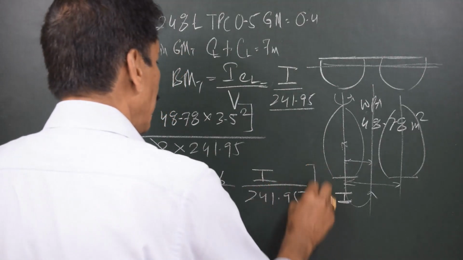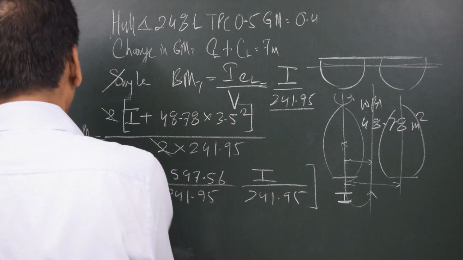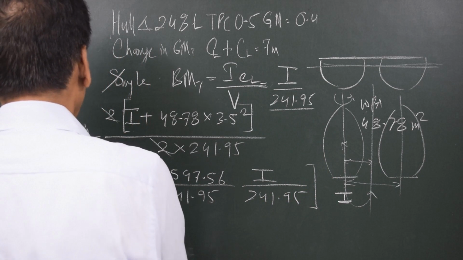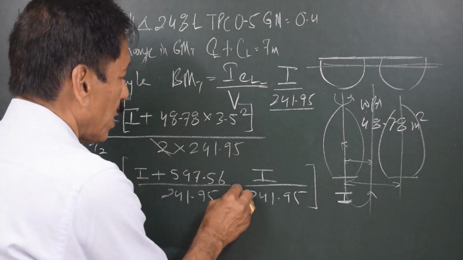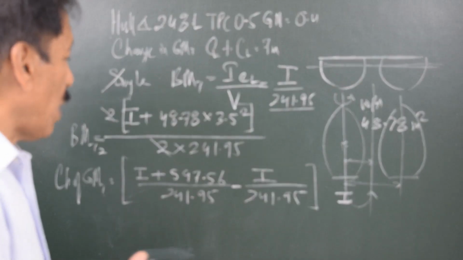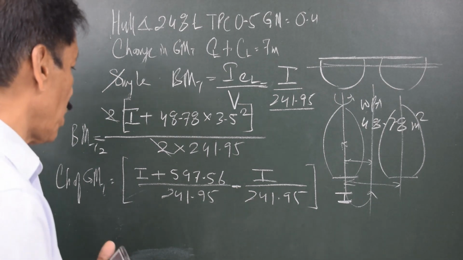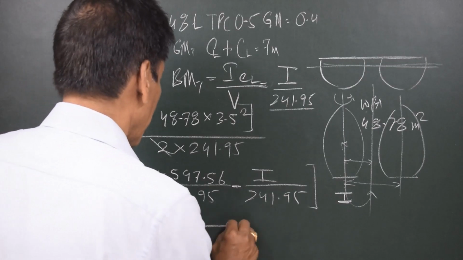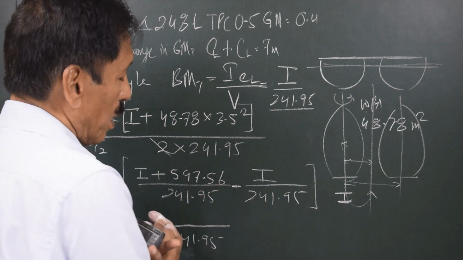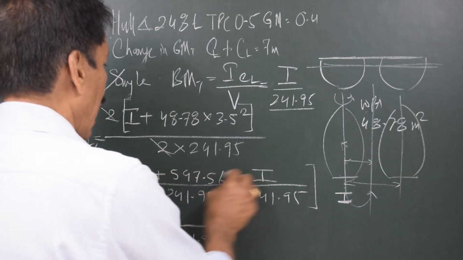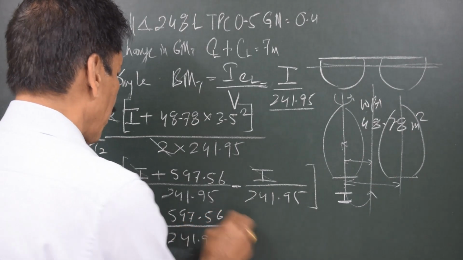So the change in BM is equal to change in GM. Change in GM is equal to change in BM. So change of GM transverse is this expression minus this expression, right? The BM after modification minus original BM. So what happens in this particular case? There is a common denominator, that is 241.95, and if we combine the two numerators, the I gets cancelled and what remains is 597.56, right?